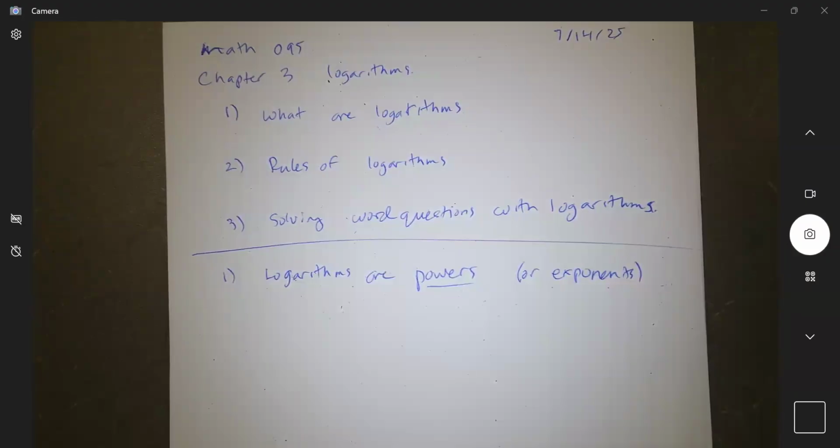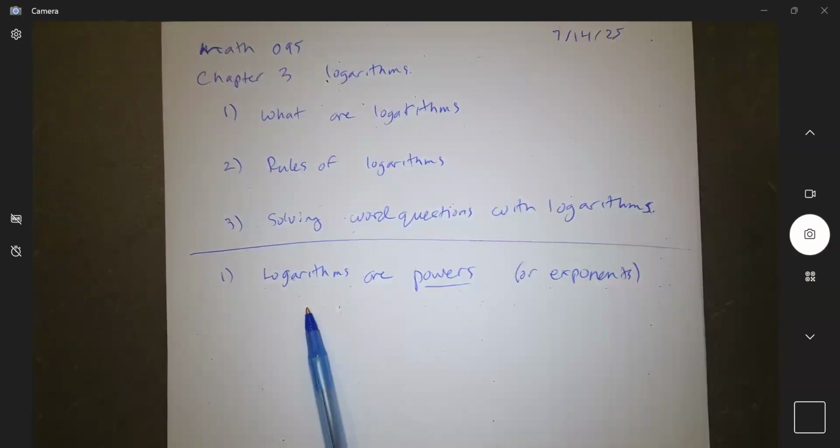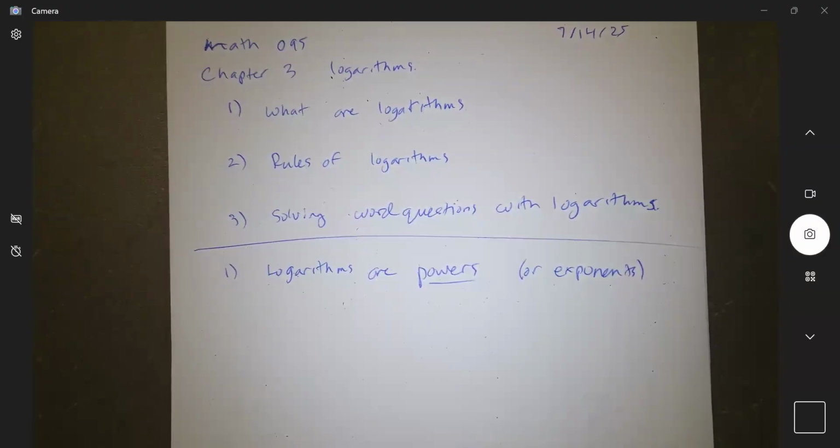They were developed to solve math questions that previously were really challenging to solve. The tools that they had to solve them were just very clunky. I don't remember the mathematician who developed this. I'm sure it was developed multiple times, but they realized that if I want to think about powers, exponents, in another way, I can do that using logarithms.